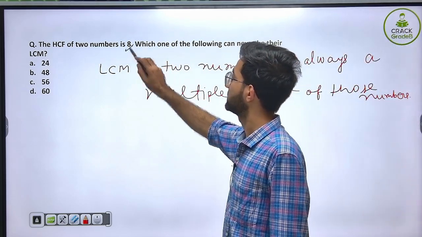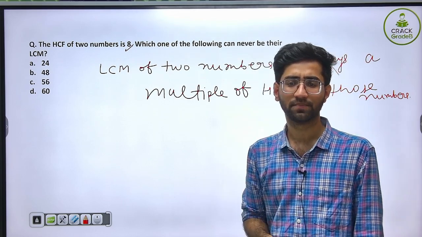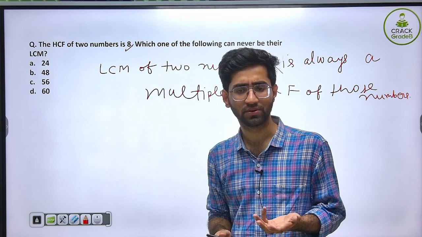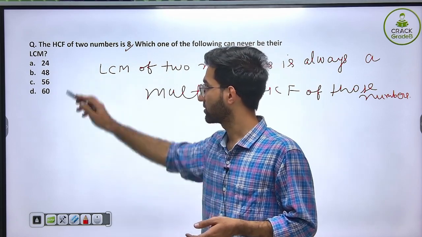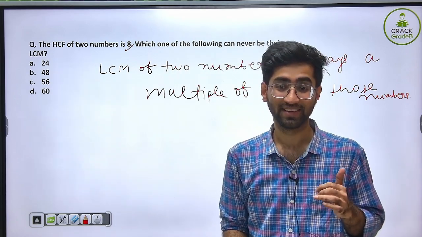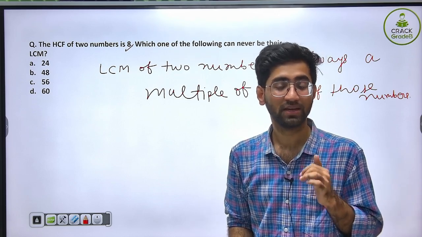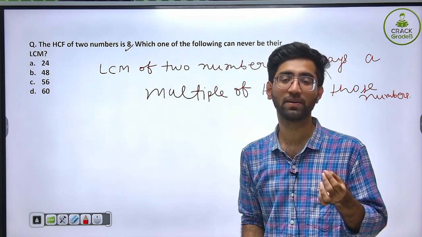If the HCF is 8, what can be the LCM? A multiple of 8: 8, 16, 24, 32, 40, 48 and so on. The first option is 24. Yes, 24 can be the LCM, because 24 is a multiple of 8.